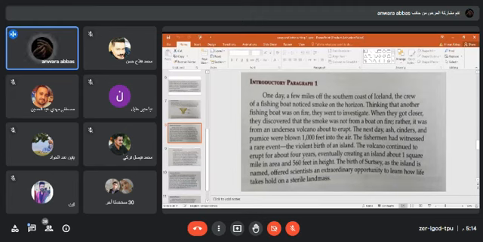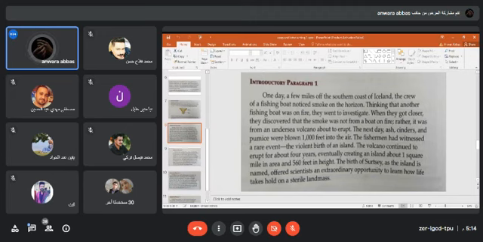The next day, ash, cinders, and pumice were blown 1,000 feet into the air. The fishermen had witnessed a rare event, the violent birth of an island. The volcano continued to erupt for about four years, eventually creating an island about one square mile in area and 1,560 feet in height.